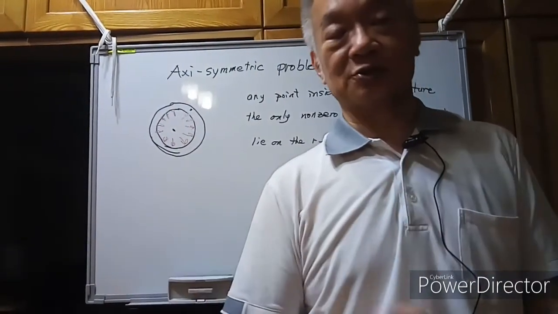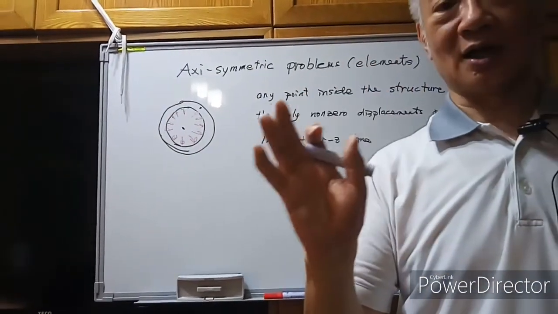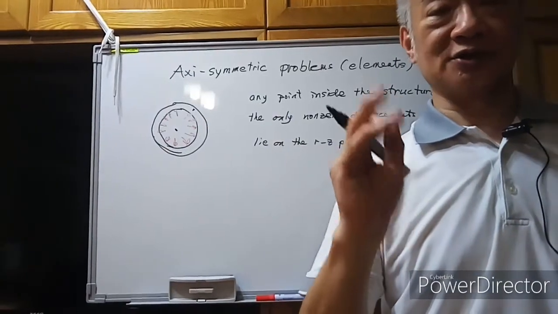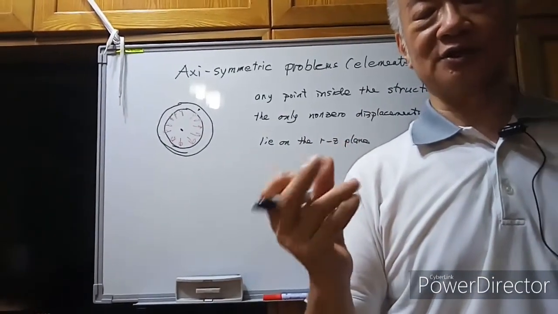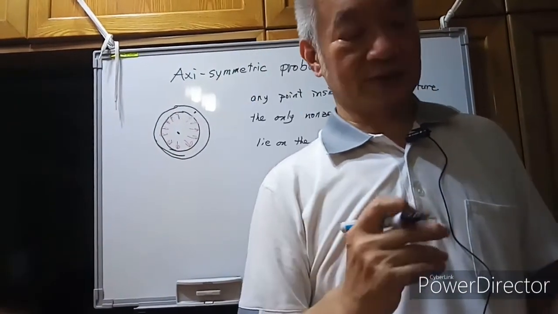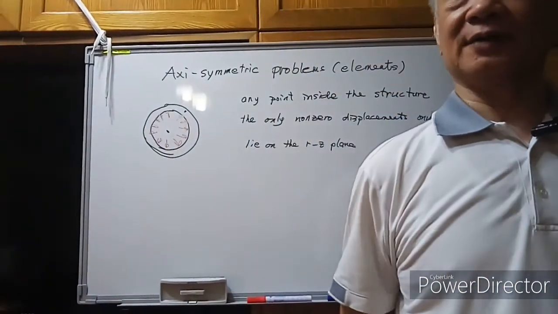The only non-zero displacement must be along either the R direction or the Z direction, or you can have both components non-zero. So you have a combined direction on the RZ plane.